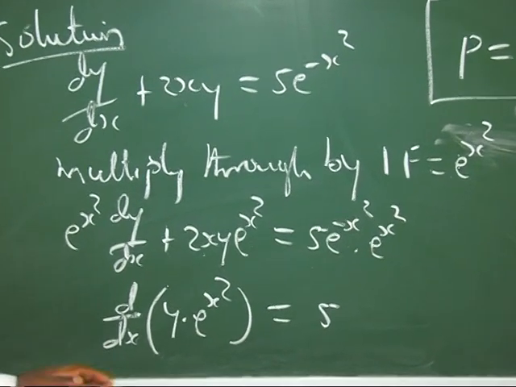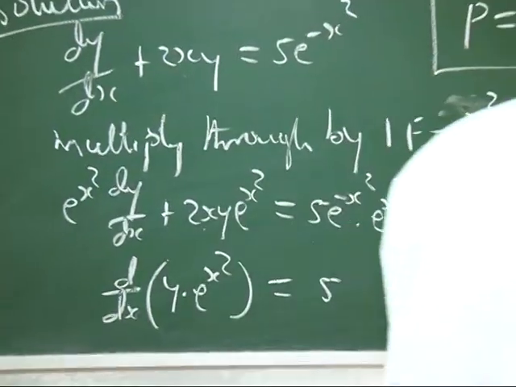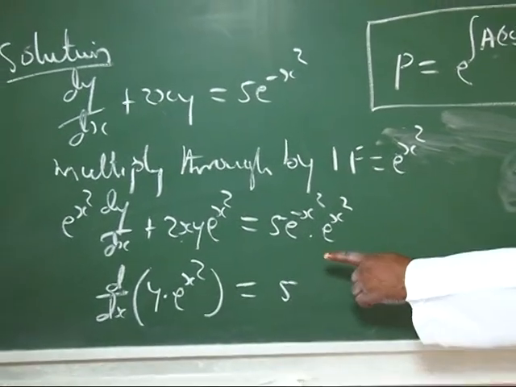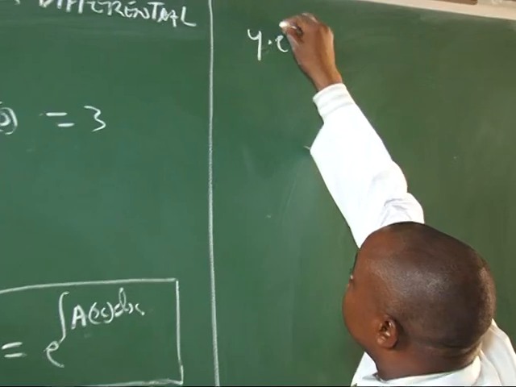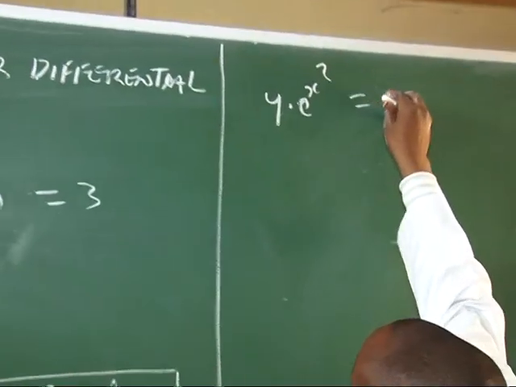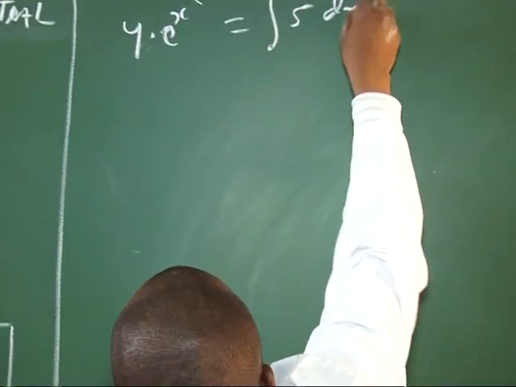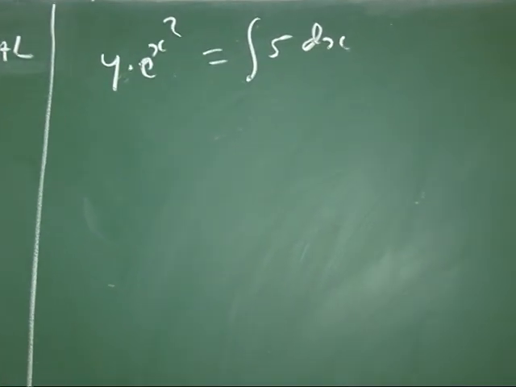And what we'll do now is to integrate both sides. If we integrate here, we have y times exponential x squared equal to integral 5 dx. We are integrating both sides with respect to x.